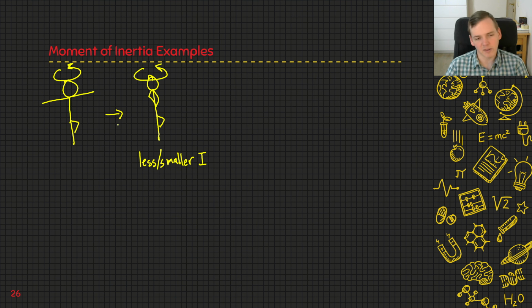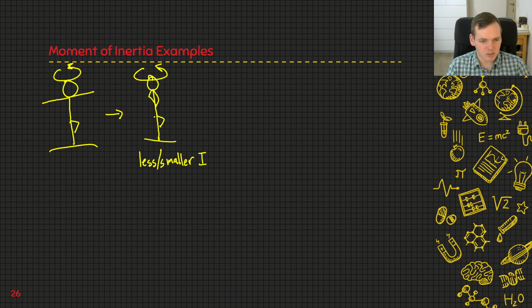If they're spinning around any other axis, something has probably gone wrong. But if they're spinning on the ice and they bring their arms in, they'll spin faster because they have a smaller moment of inertia. And for reasons that we're going to kind of skim past here, basically they have to maintain their angular momentum, and that will cause them to spin faster.